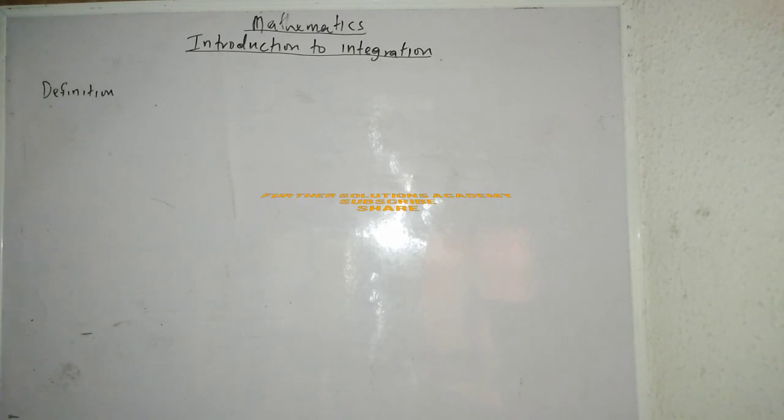Both of them are reversals of each other. If differentiation is going forward, what will bring it back is integration. From our slope or gradient, with the help of our slope and gradient, you can integrate back and have your equation.